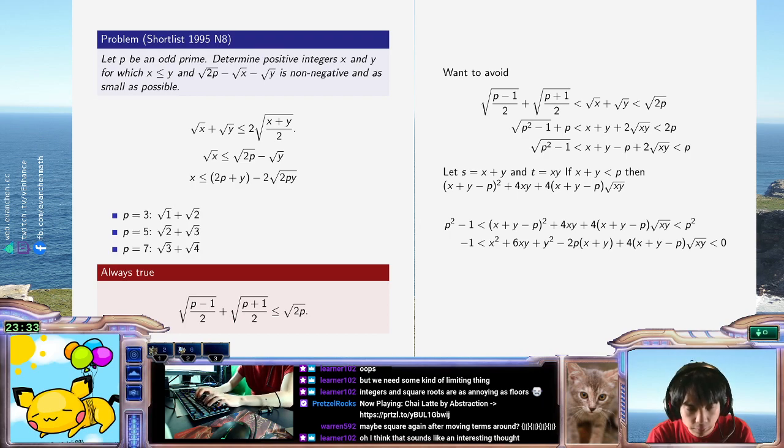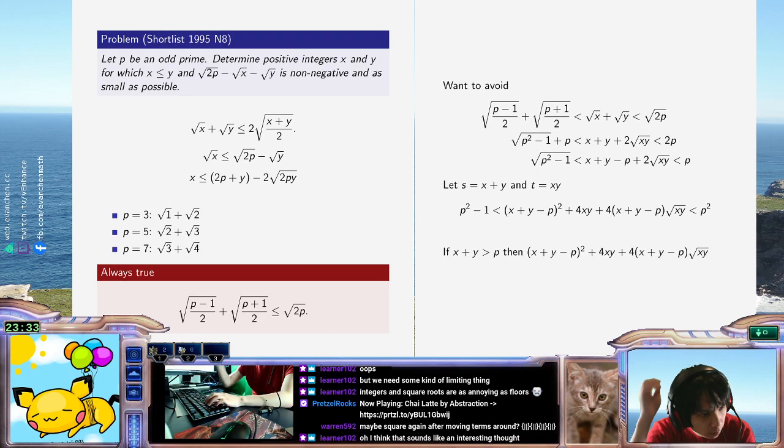Or if x plus y is greater than p. Let me try greater than first. So if it's strictly greater than p, then it's at least p plus 1.